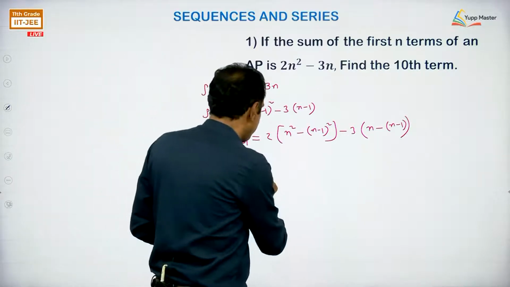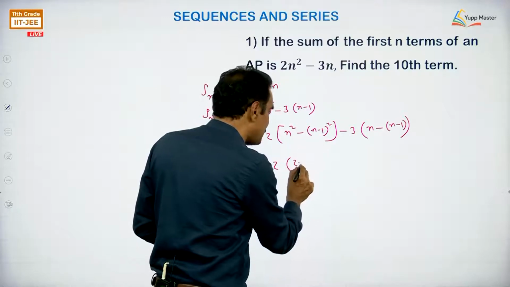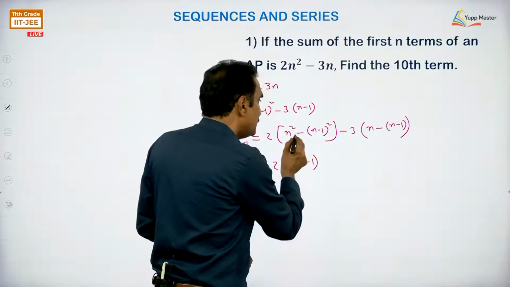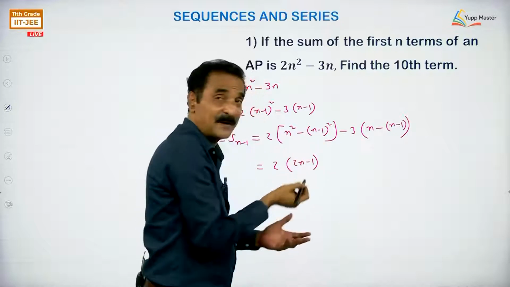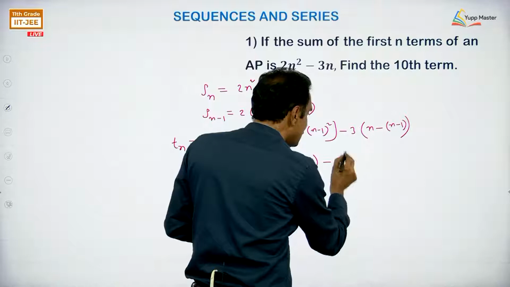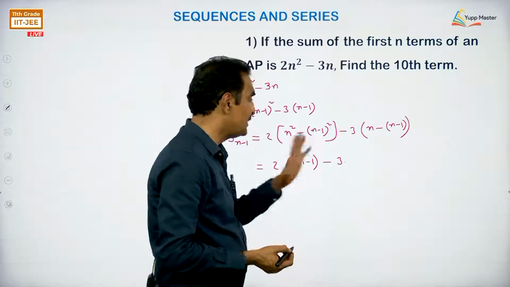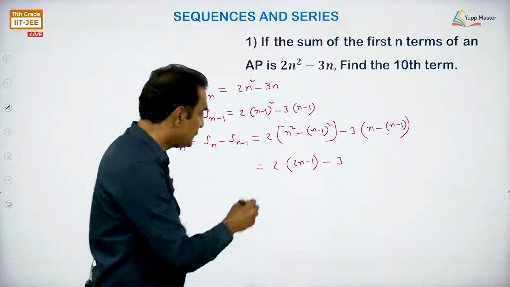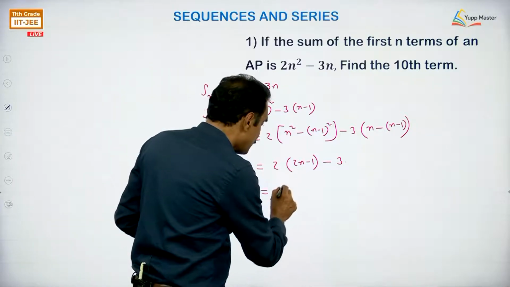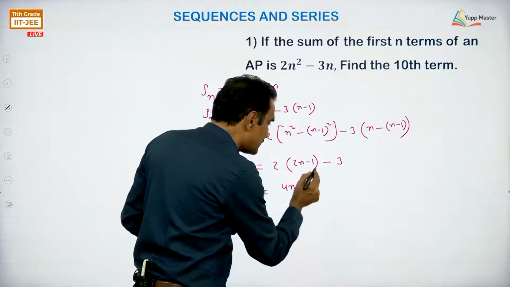You will get 2 into a plus b, which is n plus n minus 1, 2n minus 1, into a minus b, which is n minus of n minus 1, 1. Minus 3 into n minus of n minus 1 is 1, so 3 into 1 is 3. Then it is 2 into 2n, 4n minus 2 minus 3, which is minus 5.